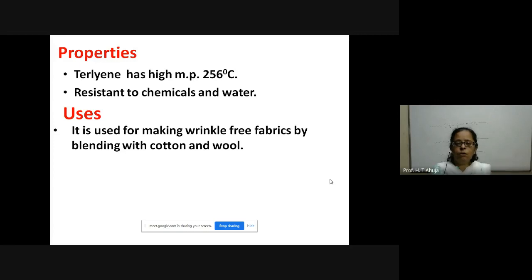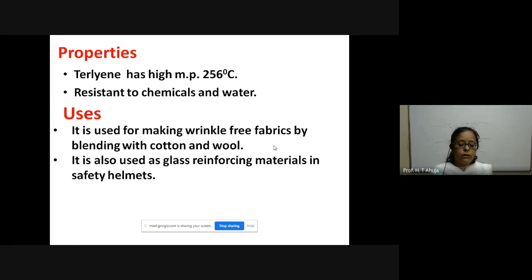You all know we come across certain fabrics where you don't have to iron. So there are certain fabrics which are wrinkle-free. They are formed by blending of cotton and wool. It is actually terry cotton and terry wool. When they are blended together, you get a wrinkle-free fabric.